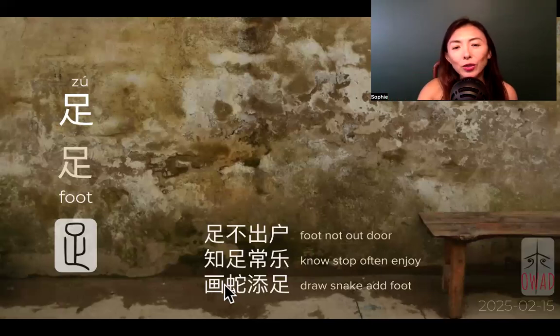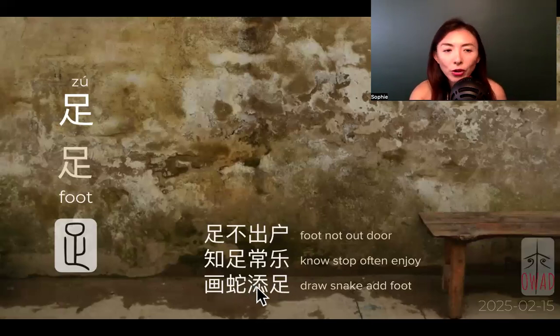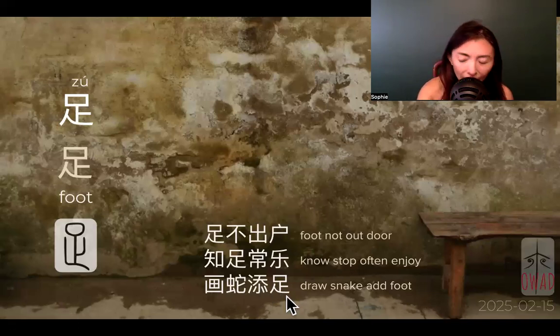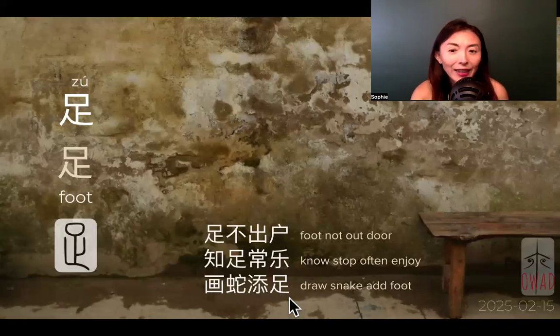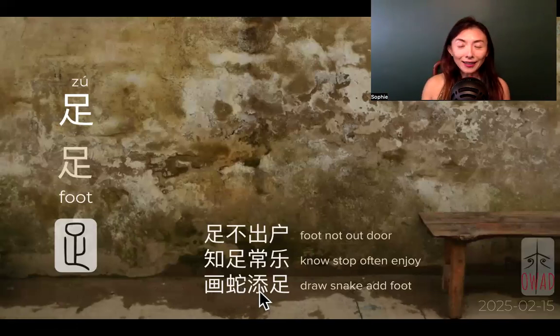Okay, 知足常乐 we just talked about, 画蛇添足 here. This 足 is also about foot, and apparently it's not human foot anymore. Here we talk about drawing a snake. Snakes, we all know, don't have any feet. They don't walk, they slither. So their whole body is a big spine that can be used to wiggle their way around the world without using feet.